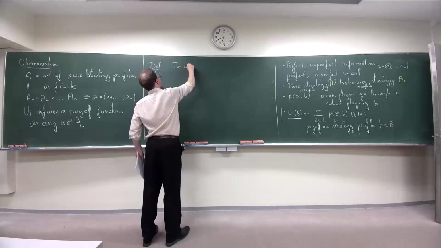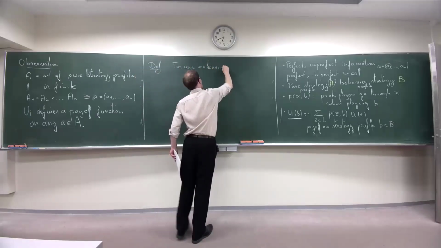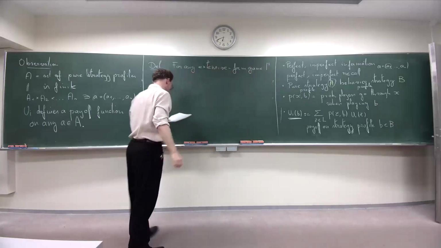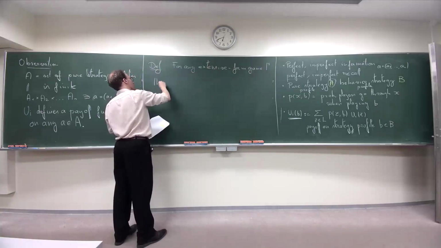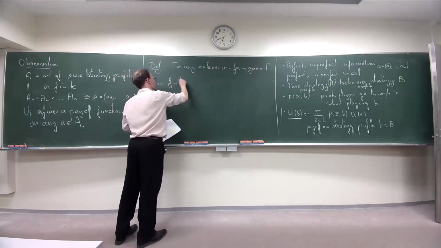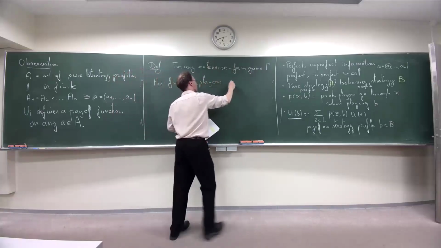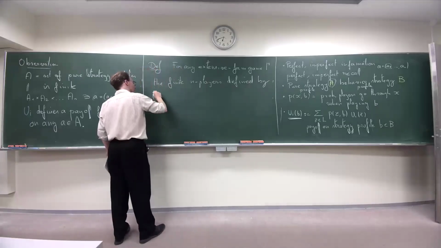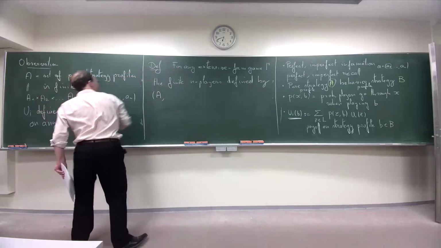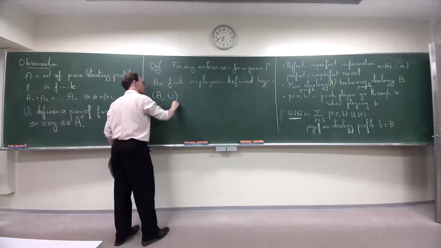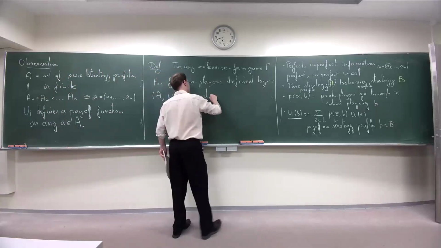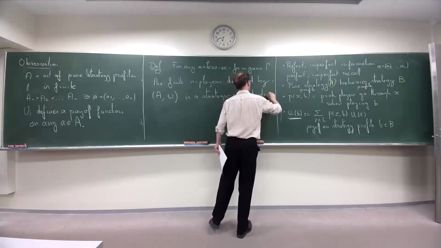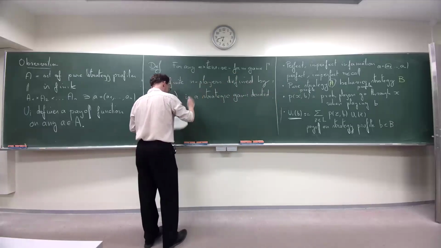So for any extensive form game, which I denote just by gamma, the finite n players game defined by A and this blue utility function is a strategic game, denoted by G of gamma.